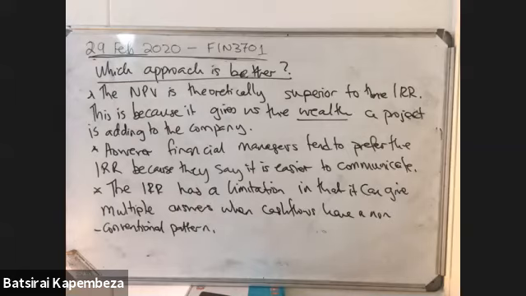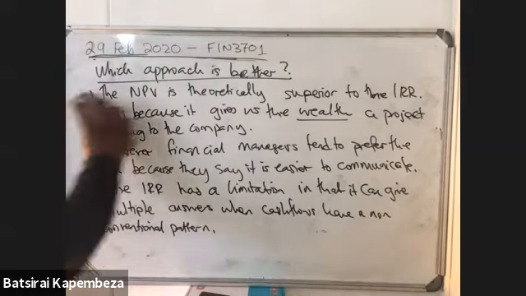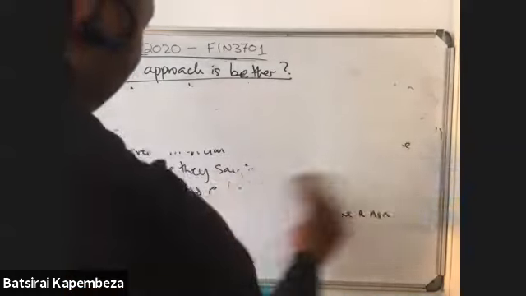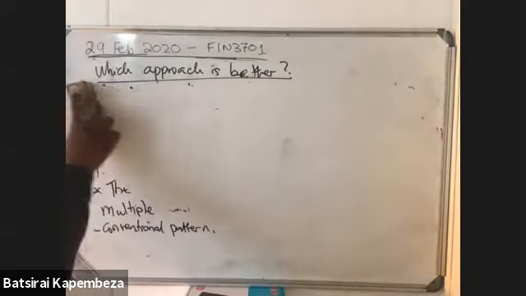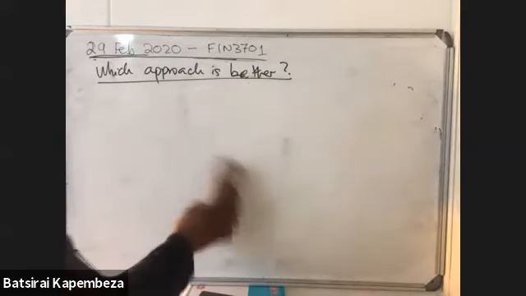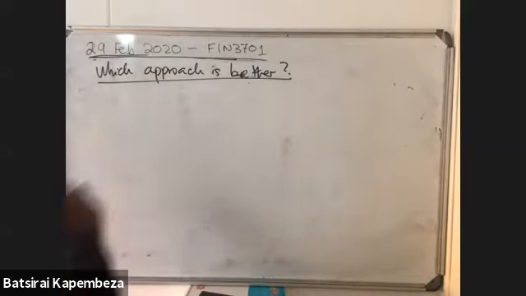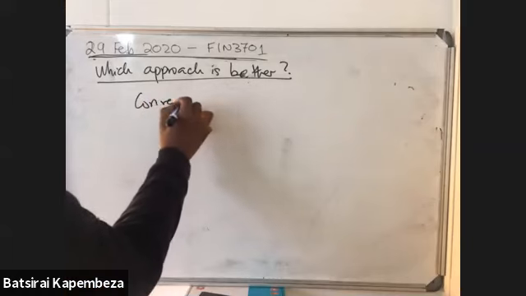So with a non-conventional pattern, you have a cash outflow before the end of a project. Let me write this out through an example. This would be an example of a conventional cash flow pattern.